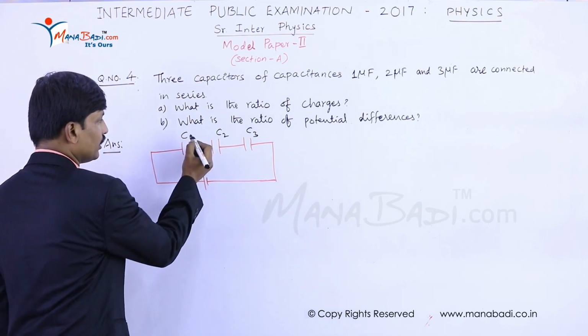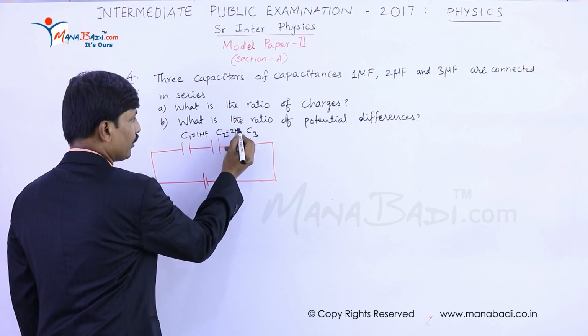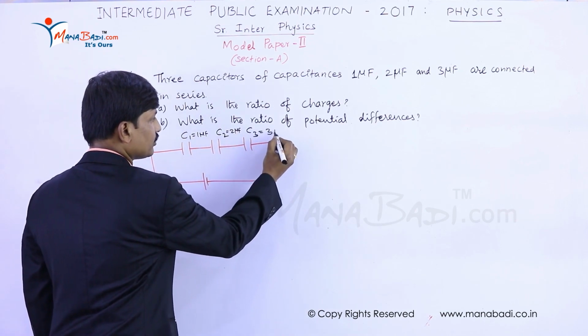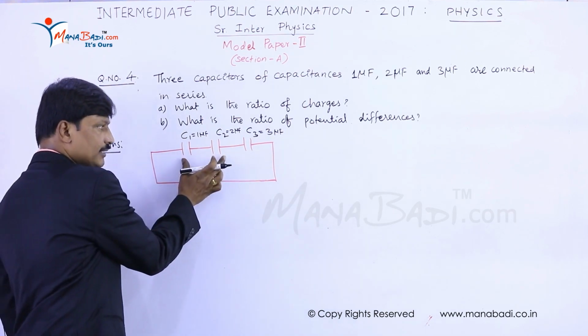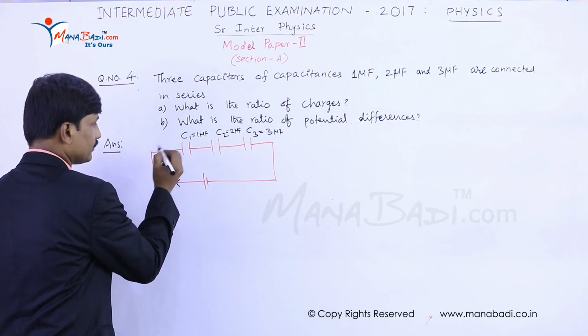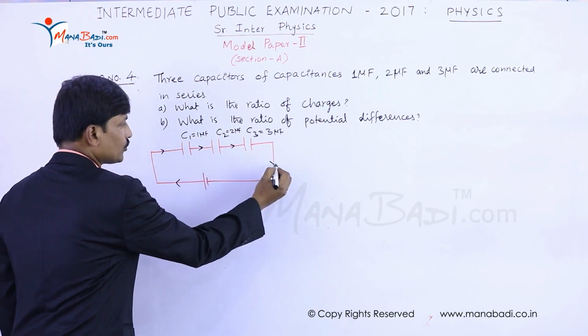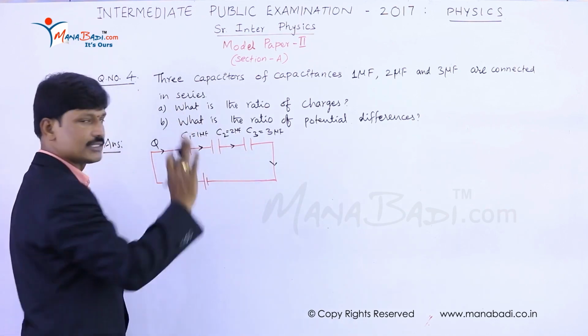According to the problem, C1 is 1 microfarad, C2 is 2 microfarad, C3 is 3 microfarad. When the capacitors are connected in series, it's very clear that the flow of charge Q is the same on each capacitor.